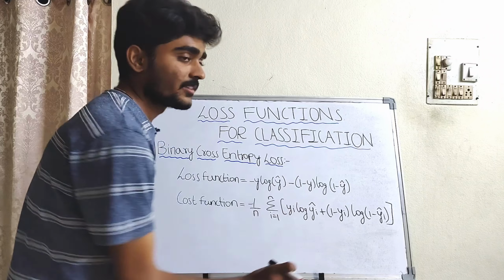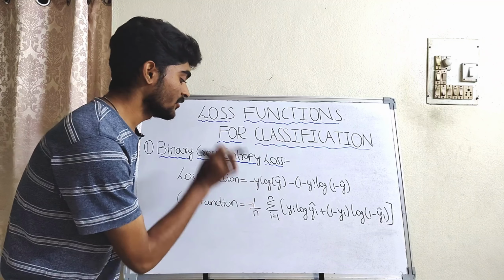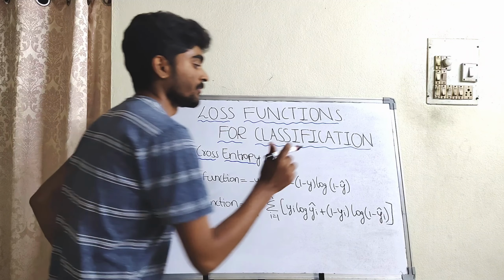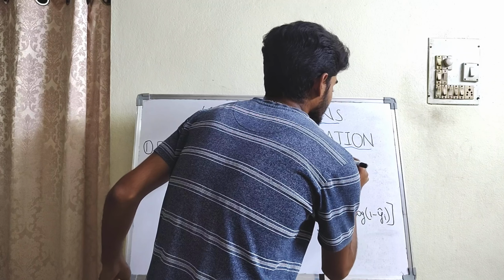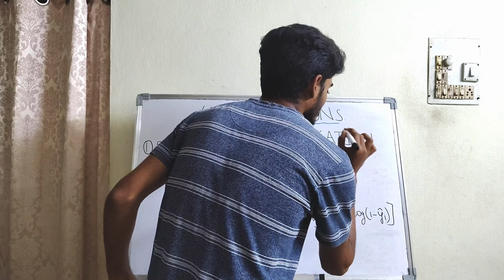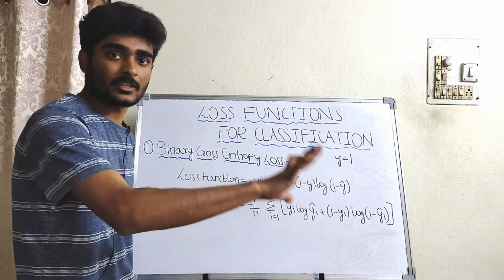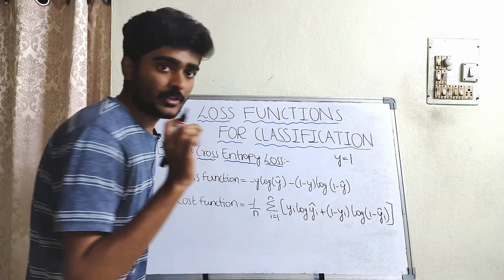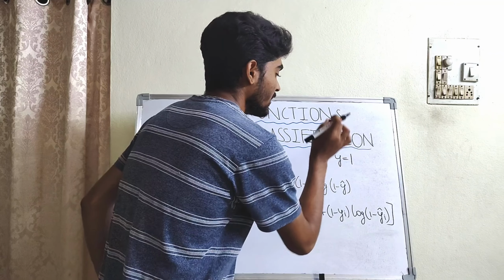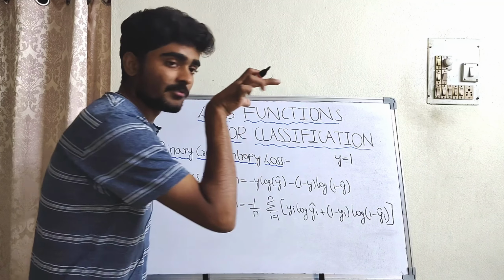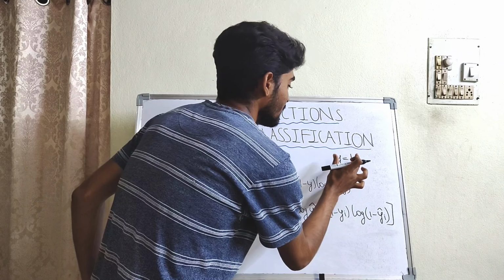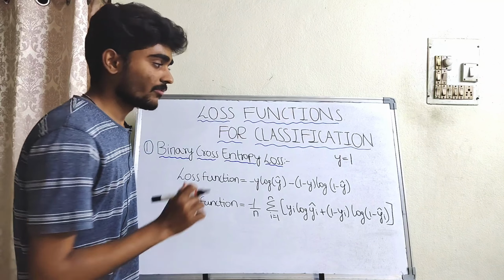Now let's see a small intuition regarding this binary cross entropy loss function. When y, the true output of your data, is equal to 1, let's check a dataset which has one target variable y, and our first row of data contains y equal to 1.